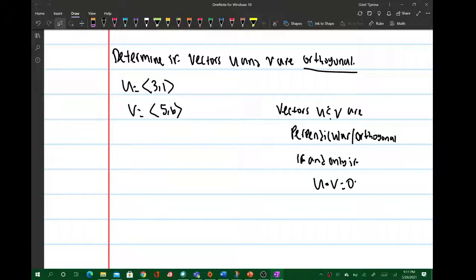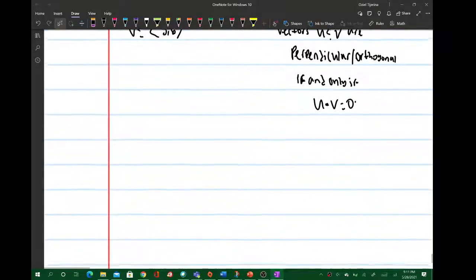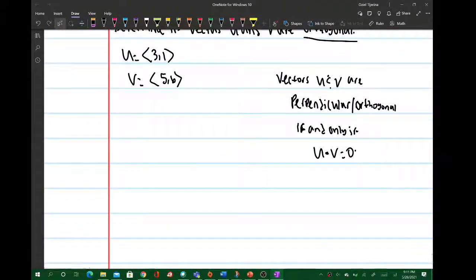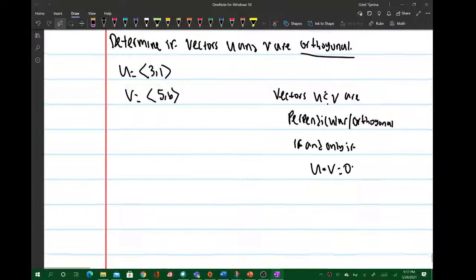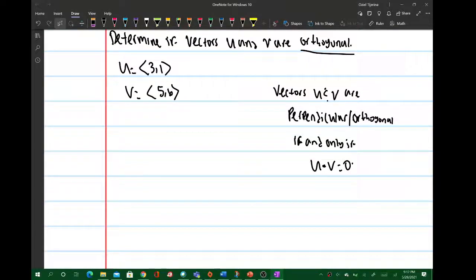So let's just pretend that these are two random vectors, right? And you are trying to see if they're perpendicular. Now, of course, when it comes to math and vectors, you can't always graph the two vectors because it's not enough time.